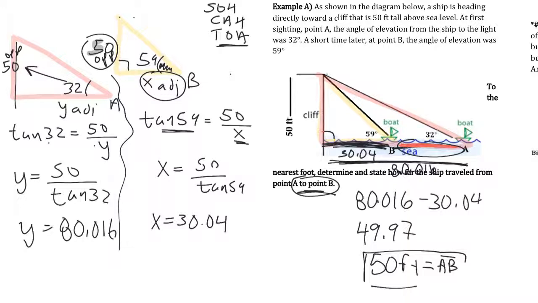All right, I would pause this video, try the one on the next page, and I'll show you the answer. So on this problem, again, the first thing we want to do is separate the triangle. So I have Anna's triangle here, and it has an angle of 40. The wall is 50 feet high.